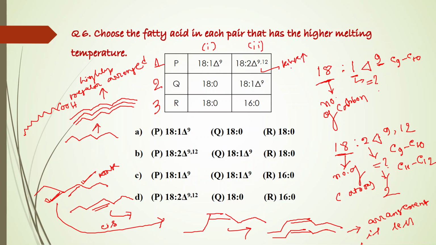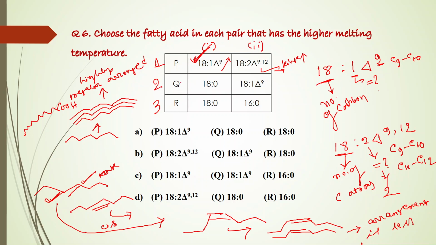That means the structure is much more irregular in this case, which again means for this particular fatty acid, you will require less temperature to take it to a non-crystalline state. But in this one, you will require higher temperature to take it to a non-crystalline state. That means the one with the higher melting point for our set 1 is the number 1 fatty acid. This one has the higher melting temperature.